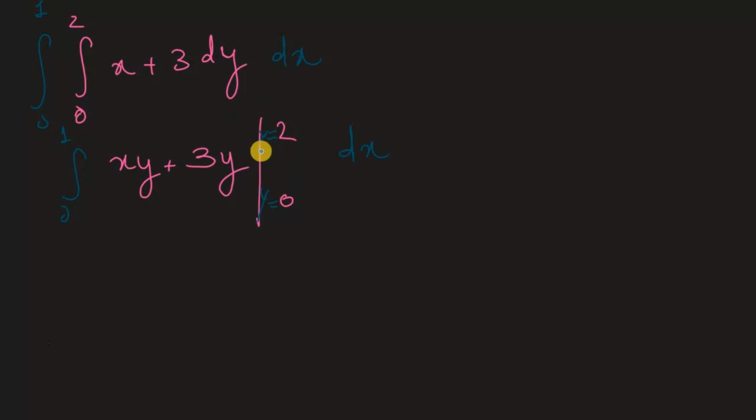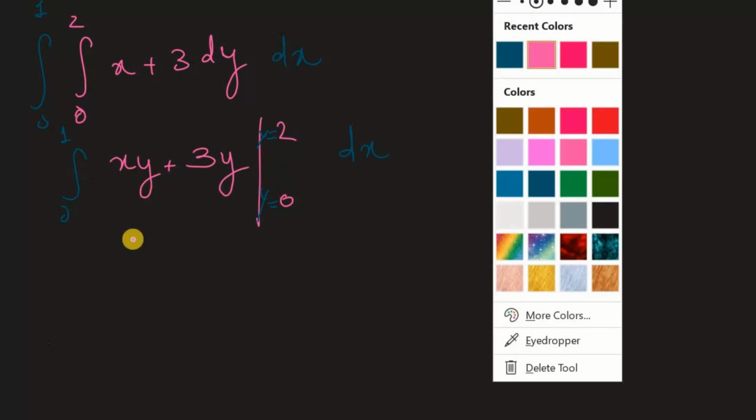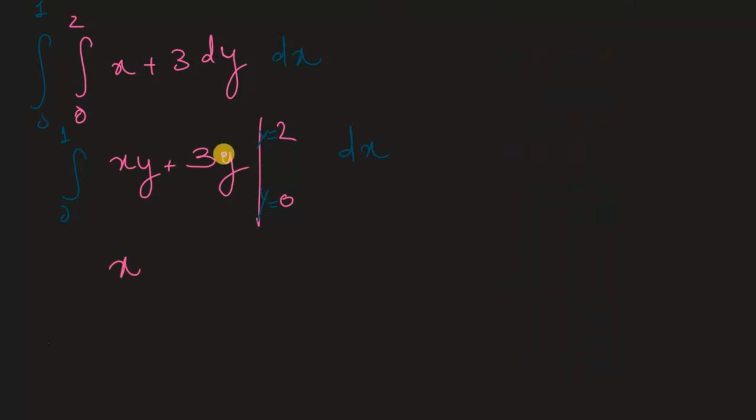You have to write y over here, otherwise you will be confused about whether to put this 2 into the x variable or the y variable. Okay, so let's solve this. Here we are going to have 2 plus 3, and then we put 2 and then minus, and this is going to be 0 when we put in 0.